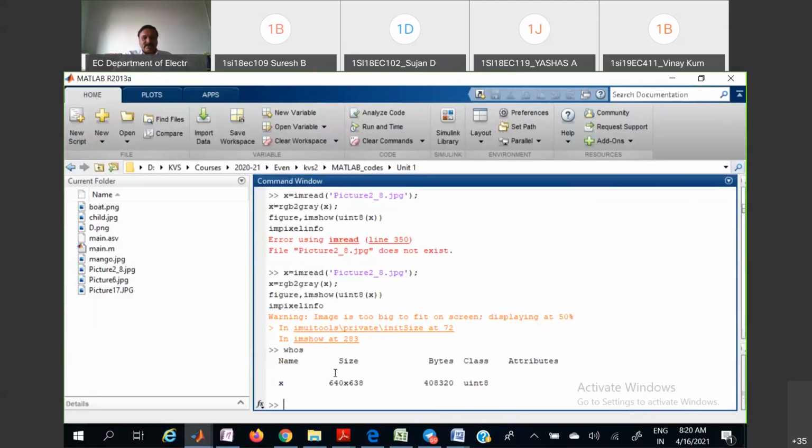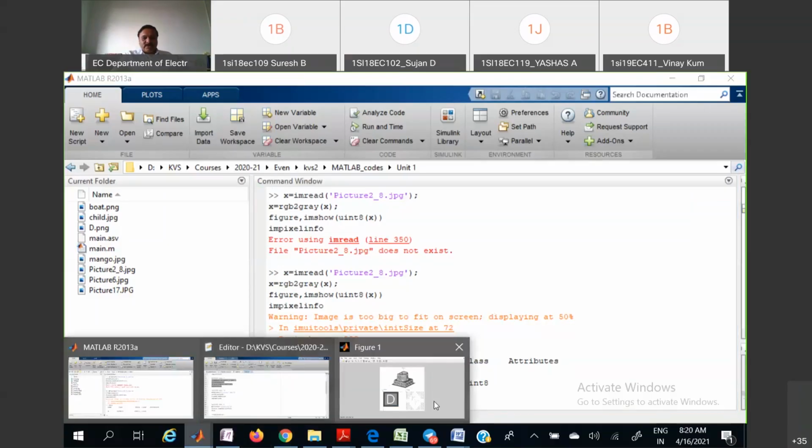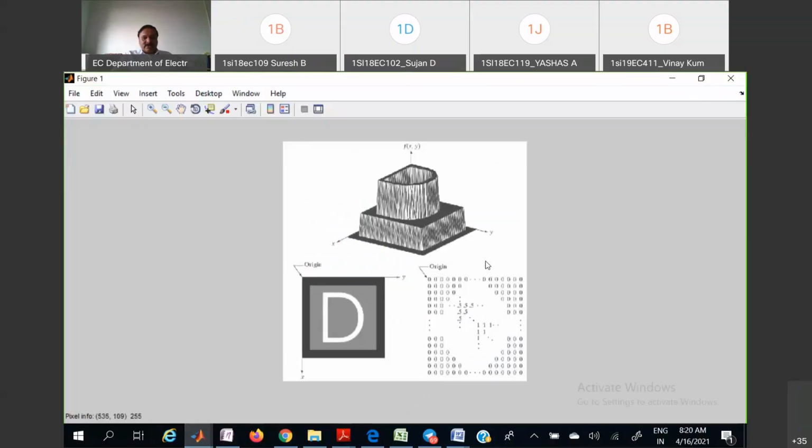That is 640 rows and 638 columns. So what you notice here is a 640 cross 638 image, and some values are black, some values are gray, and some values are completely white.